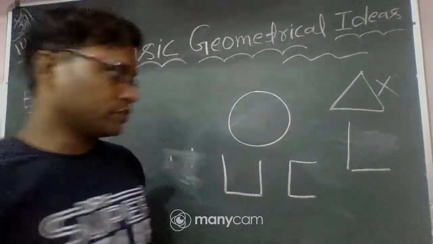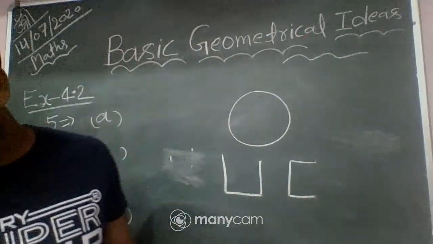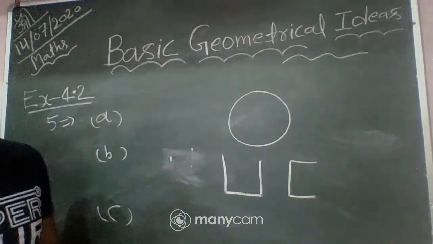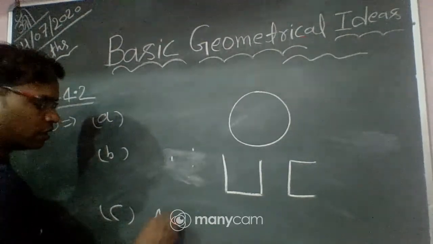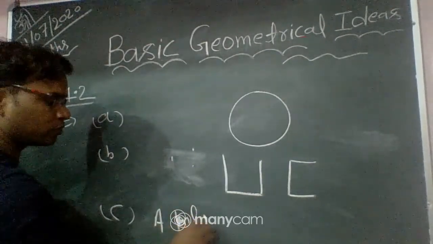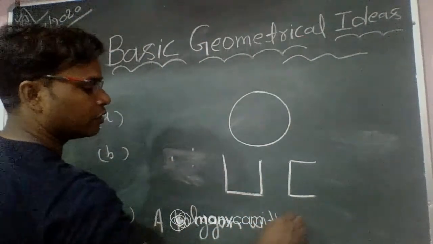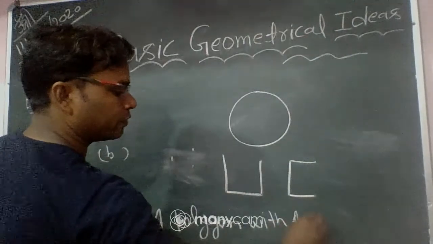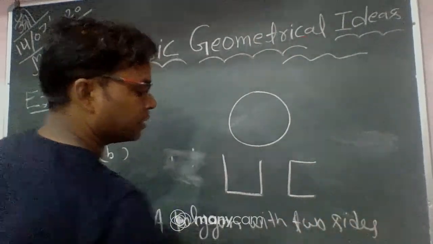So in part C of question number 5, a polygon with two sides is not possible. We can write here: a polygon with two sides is not possible.